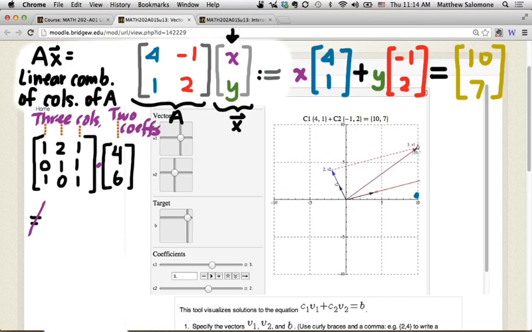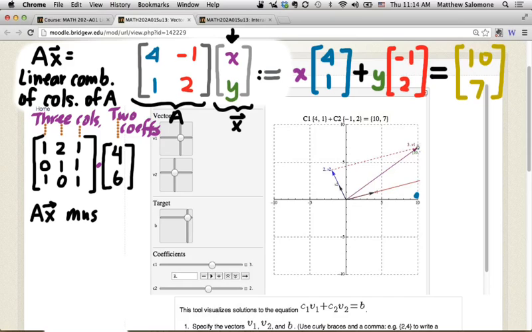We can't do it. So what is the general statement here? How do I know when it's okay to multiply a matrix by a vector? What has to be true in order to succeed in multiplying A times x? It has to have the same number of coefficients as it does columns. Exactly.